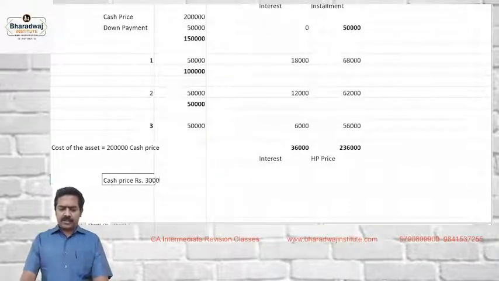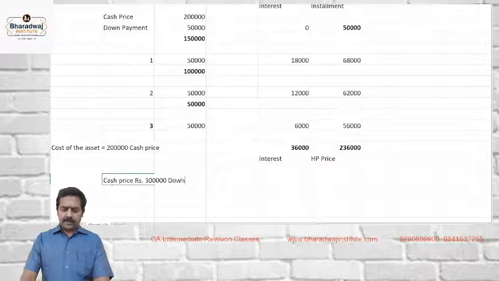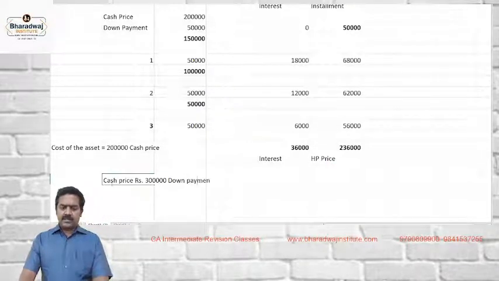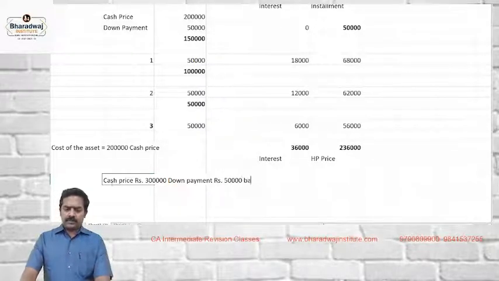Cash price rupees 3 lakhs. Down payment, please take up this, it is not there in the material, rupees 50,000.